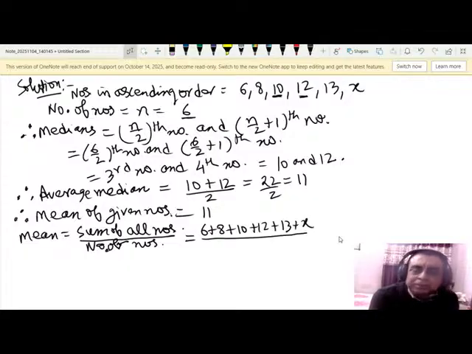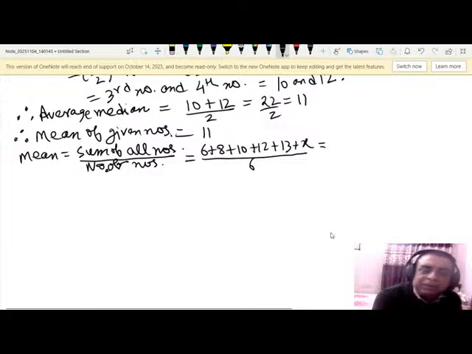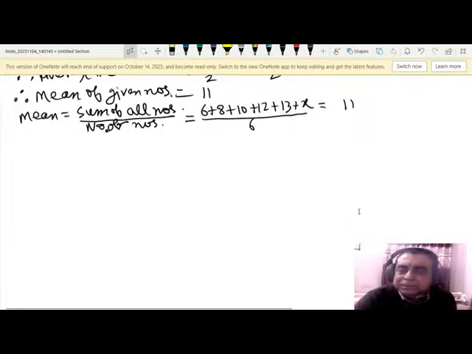The number of numbers at the bottom is 6, and make it equal to the mean, which is 11.